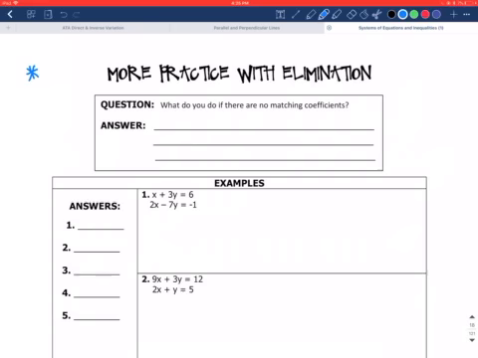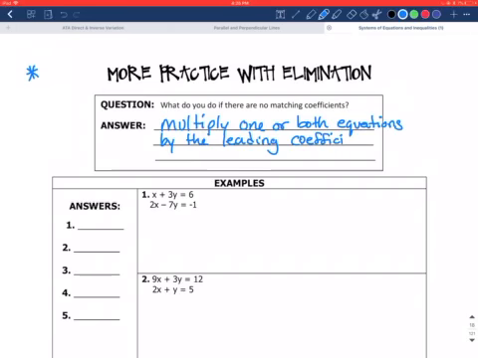So if there are no matching coefficients, you multiply one or both equations by the leading coefficient to force matching coefficients.